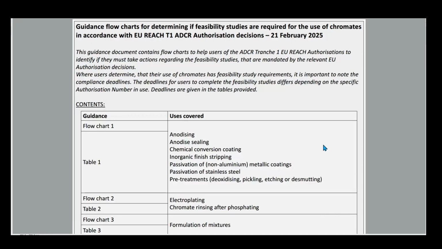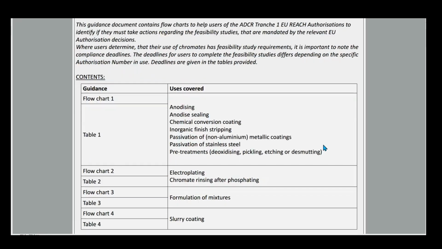This guidance flowcharts document contains in total 4 flowcharts which were developed for the 11 ADCR users. The first flowchart covers 7 users, which have the same measures to address in a feasibility study in common. The remaining flowcharts are use-specific.